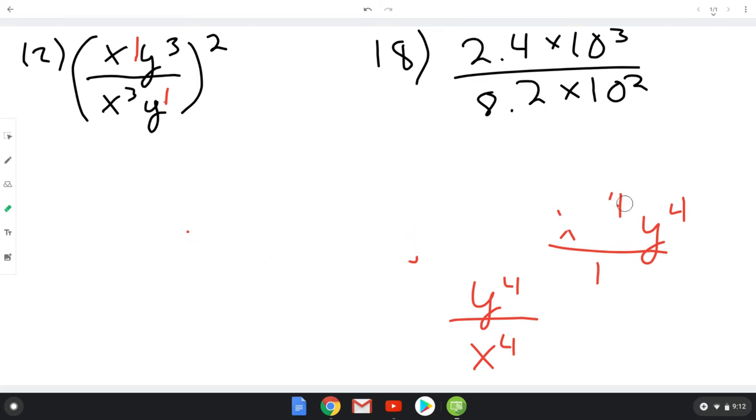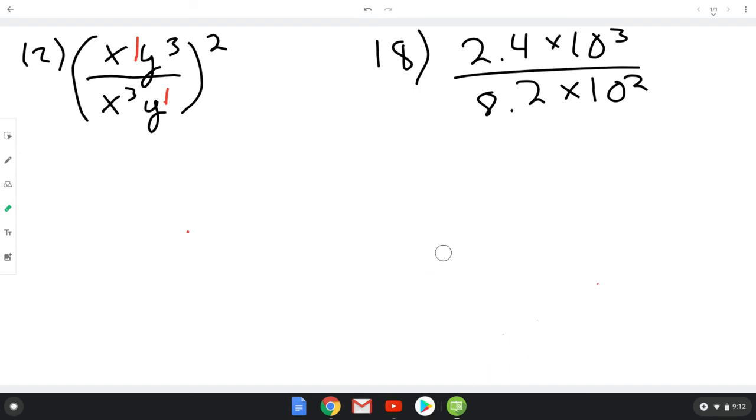So in number 18, we have scientific notation, and basically we're just going to divide the plain numbers that don't have exponents. We're just going to straight divide those. And then we'll subtract the exponents on the tens because they have the same base. So if numbers don't have any exponents, we can just divide like normal.